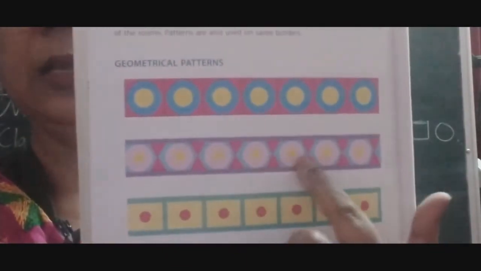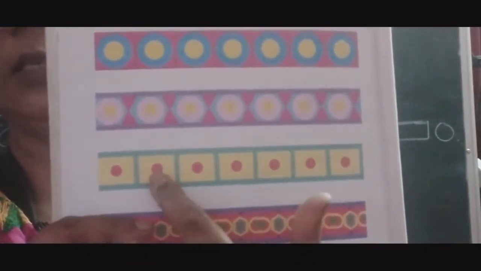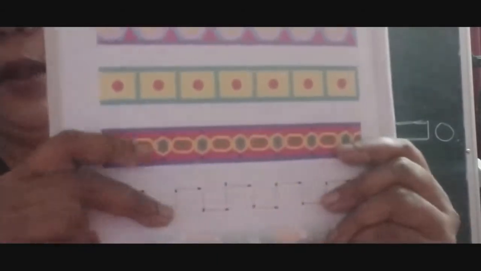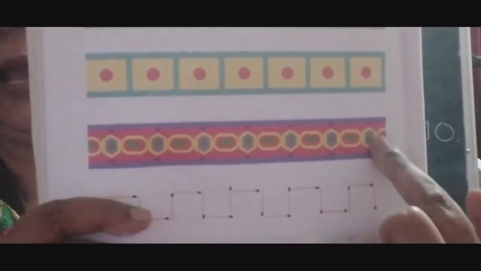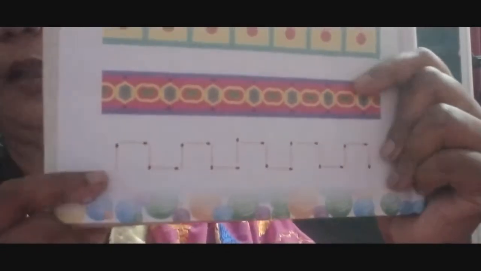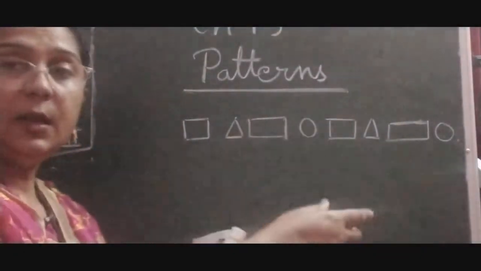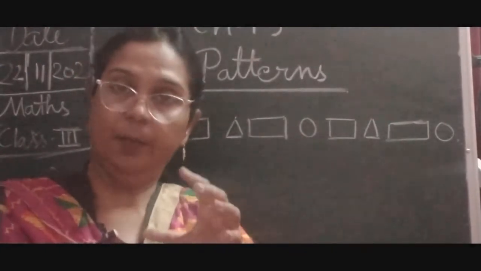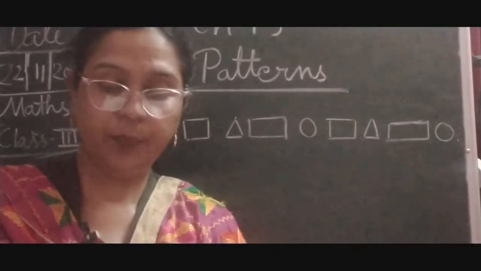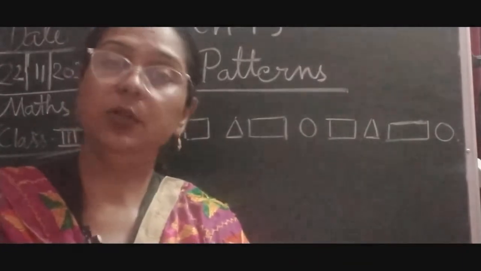Here you can see squares with circles inside, and different kinds of shapes. You can make a border with the help of matchsticks. A pattern means the same thing is repeated in a similar way. Patterns are also used on sari borders. These are called patterns.